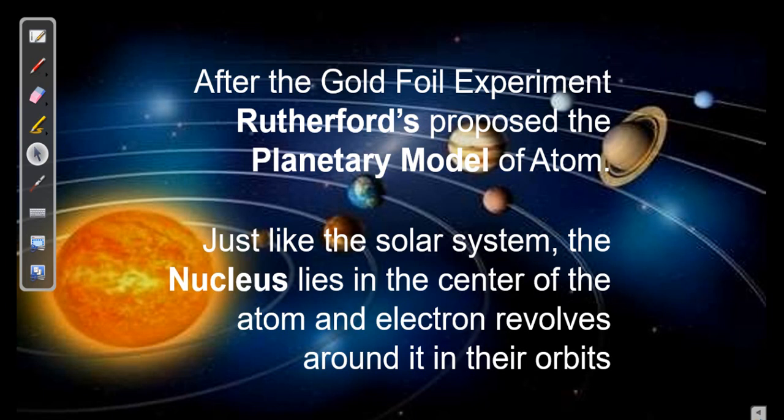And he says that electrons move just like solar systems. A nucleus lies in the center of the atom, and electrons revolve around it in their orbits. This is basically Rutherford's planetary model of an atom.